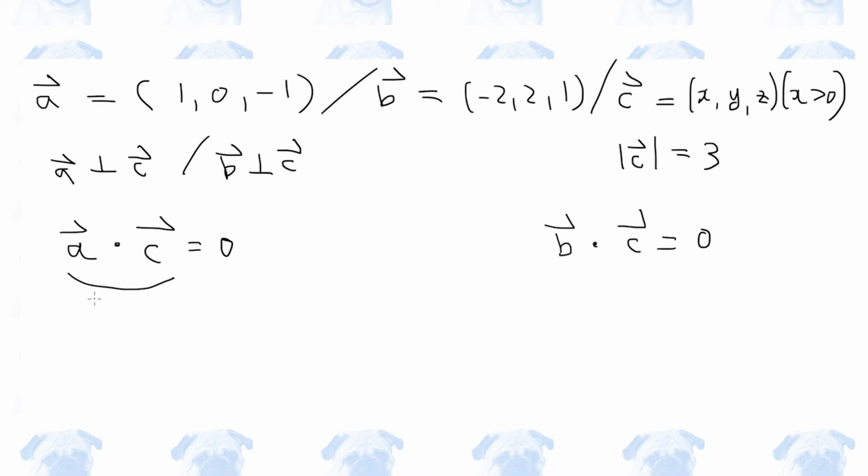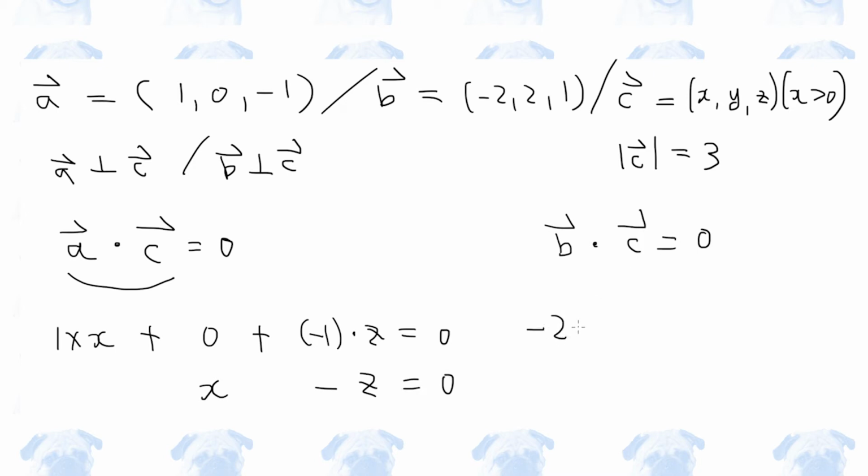This expression means 1 times x plus 0 times y, which is 0, and minus 1 times z. X minus z equals 0. And similarly, minus 2 times x, 2 times y, and 1 times z.